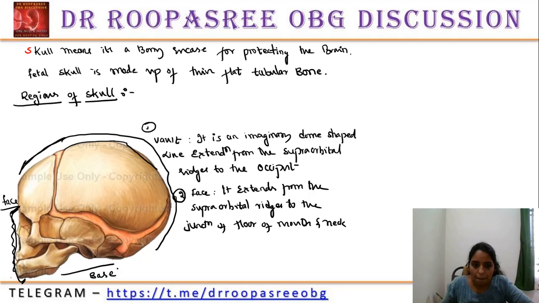And last is the base. This is the third one. It protects the vital structures of the brain, like the medulla oblongata.